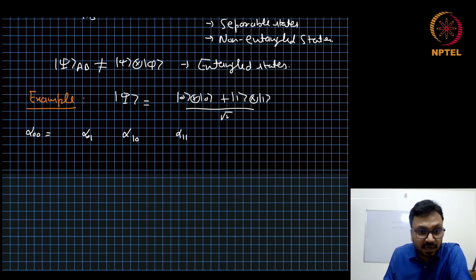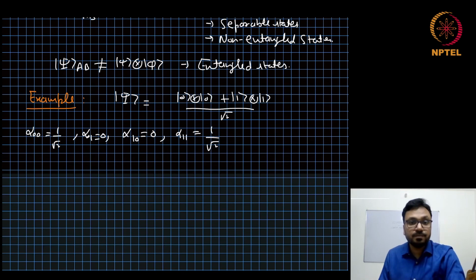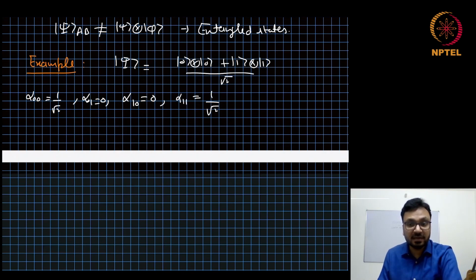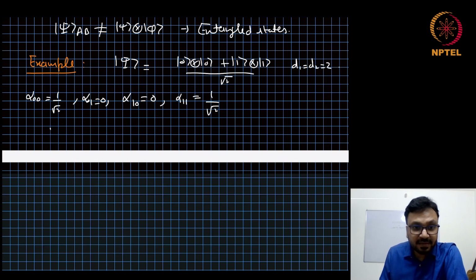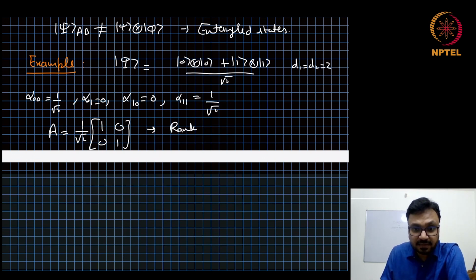Alpha 0 0 is 1 over root 2, alpha 0 1 is 0, alpha 1 0 is 0, and alpha 1 1 is 1 over root 2. So we have a two qubit system, the dimensions D1 and D2 are 2, and so we have these 4 coefficients. So the matrix A becomes 1 over root 2 times (1, 0, 0, 1). This is the matrix A, and the rank of this matrix is 2.